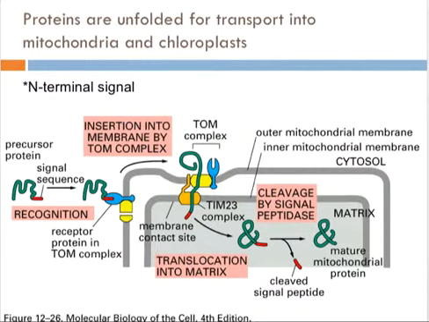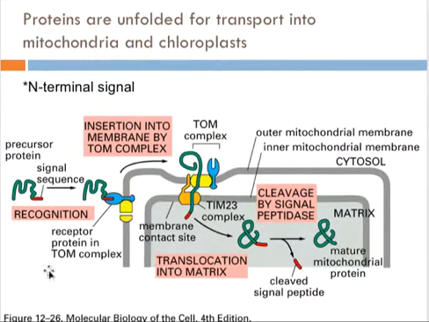So immediately upon translation, we begin by making the signal that says, take me to the mitochondria. So this is a signal that is going to direct this protein in an unfolded state to the mitochondria.